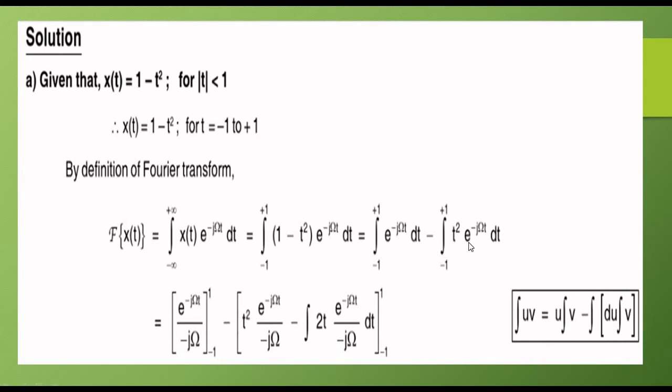We have a multiplication here, and the integral of this will actually yield this one. We will check in the next slide how we have got these two terms on integrating t square e power minus j omega t. I will tell you only this particular integral in the next slide, and then we will move on with the problem.